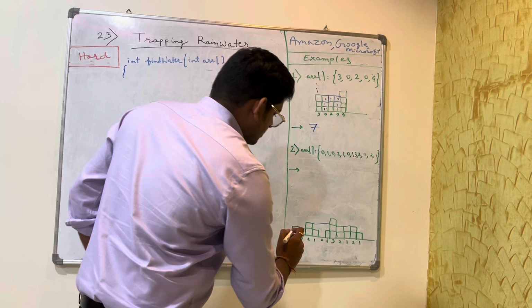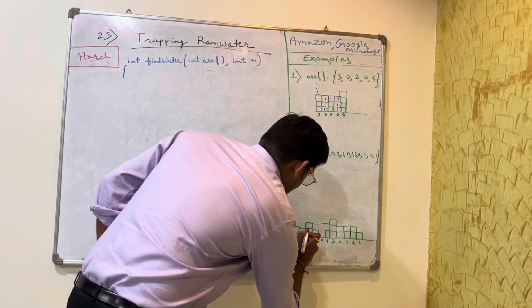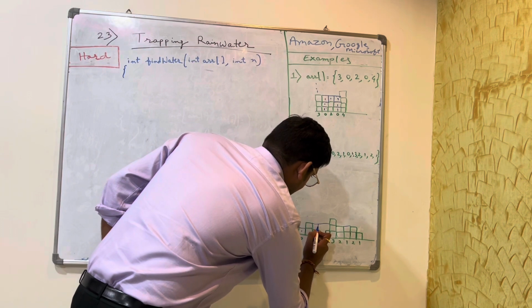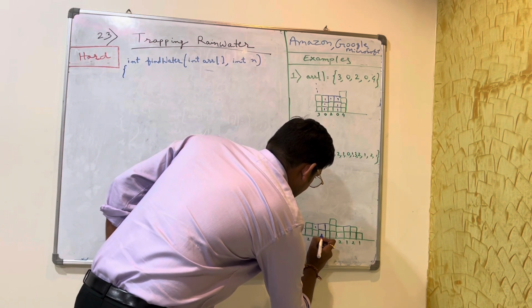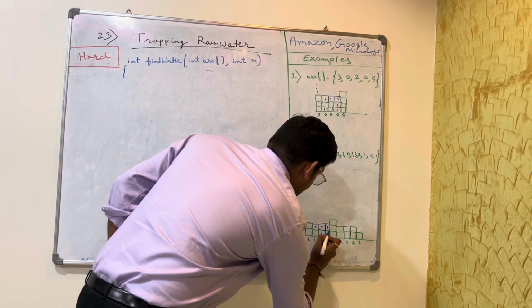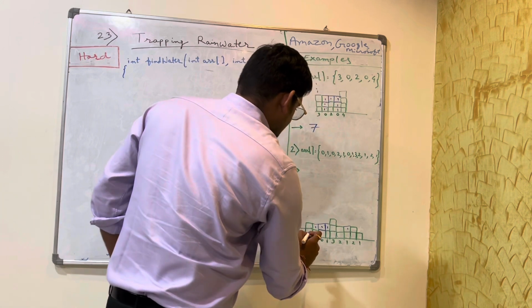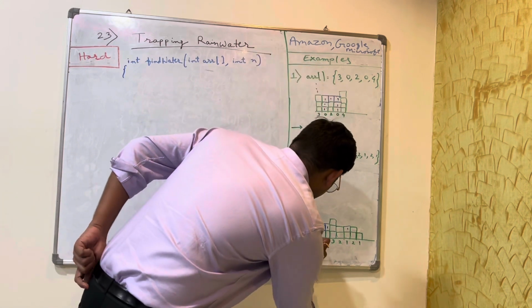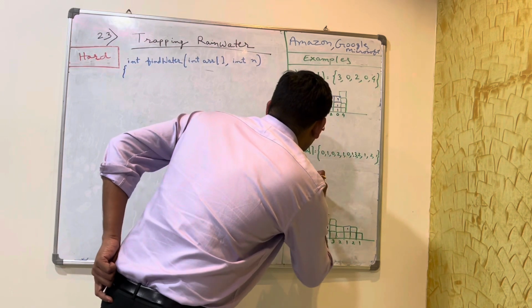So here one value it can contain, here it can't contain, it will fall over here. Here it can contain 1, then here it can contain 1 and 1, here 1, and here it can contain 1. So how many total values are there? 1, 2, 3, 4, 5, 6. So the answer is 6.